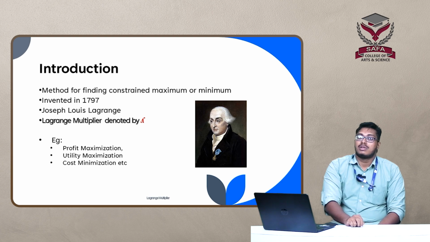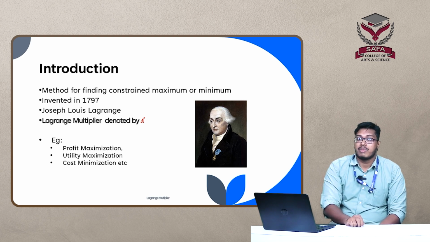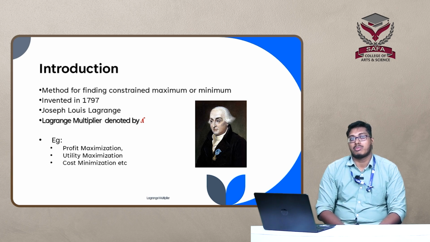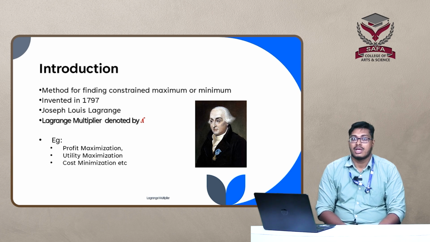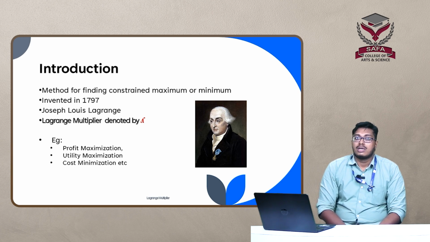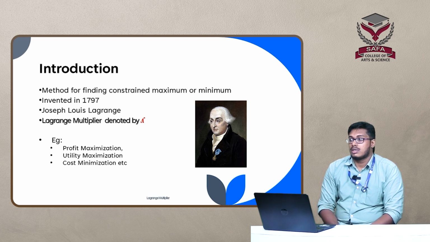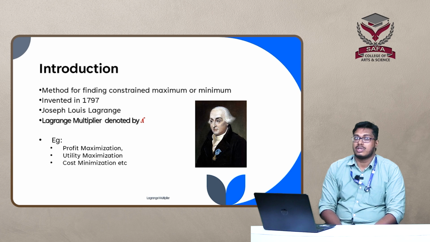The examples are profit maximization, utility maximization, or cost minimization, etc. There are maximization or minimization in this session. We want to know the maximization or minimization values, so we want to use the Lagrange multiplier with the steps.